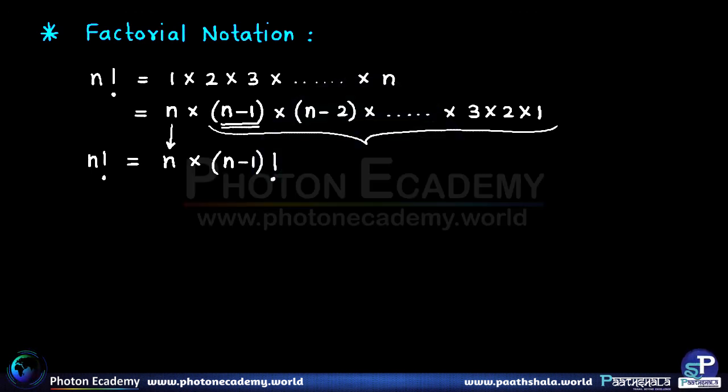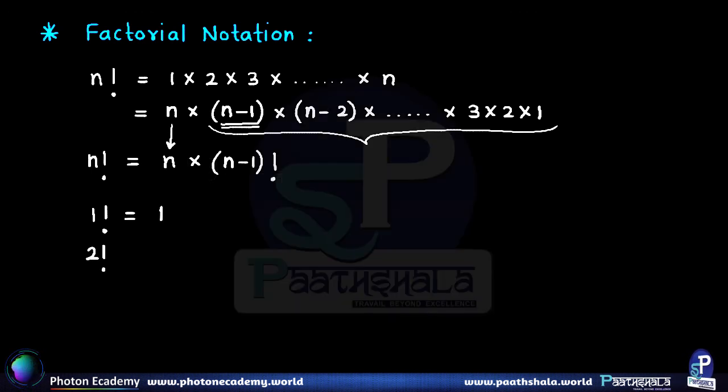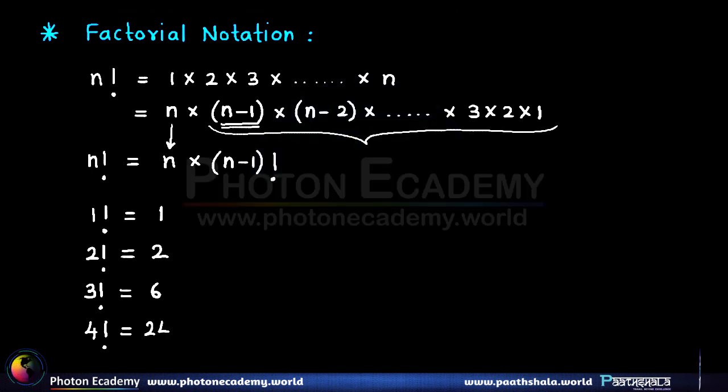Now let us derive and remember some of the factorials of the first few natural numbers, which are very helpful in calculations. So 1 factorial is nothing but 1, because that's the only number we have to consider. 2 factorial is 1 into 2, which is 2. Then 3 factorial is 6. 4 factorial is nothing but 24, because you can calculate 4 factorial by multiplying 3 factorial with the number 4.